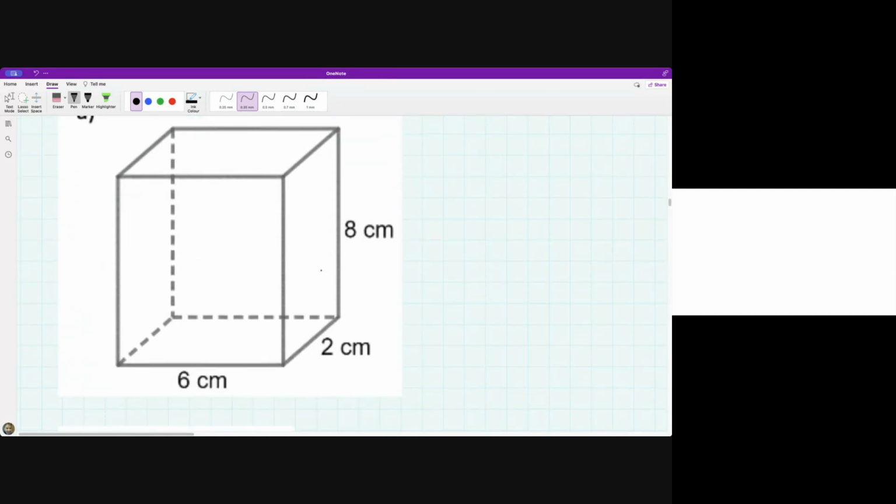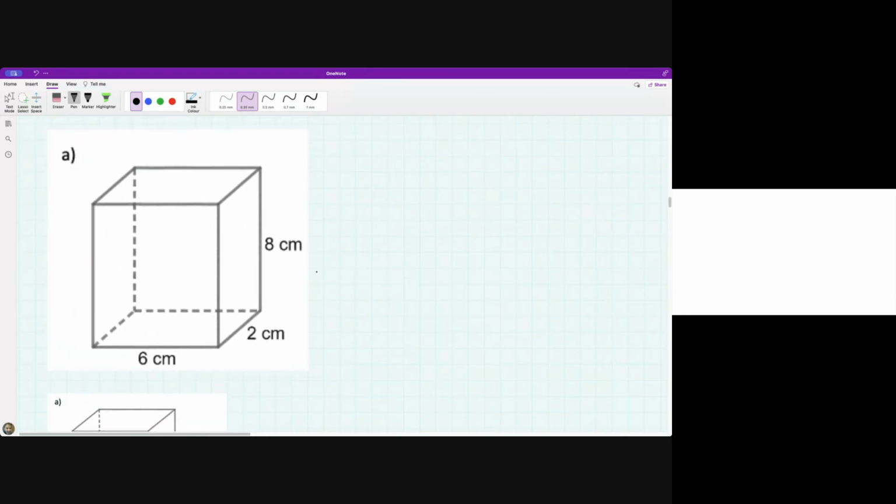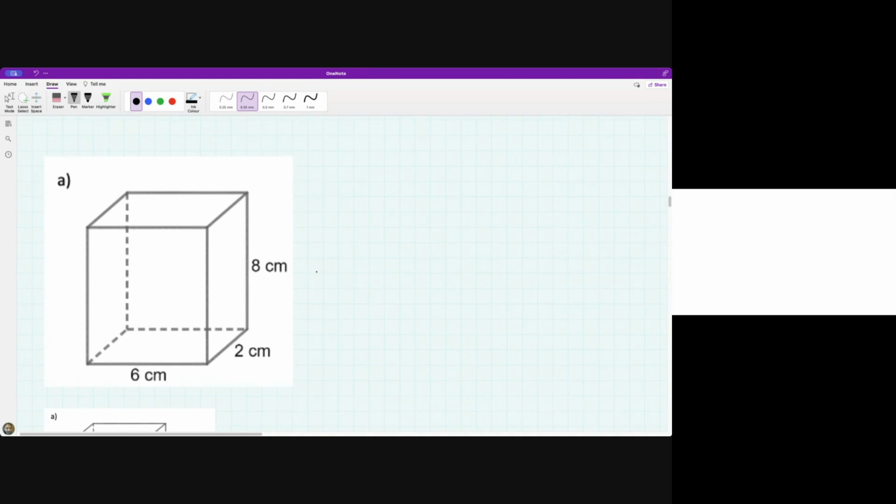Find me the surface area of this cuboid, or this rectangular prism. Find me the surface area of this one. Now, I'll give you a hint again.